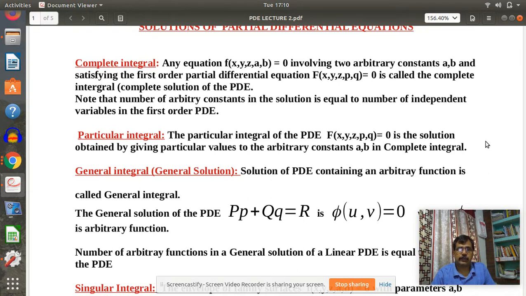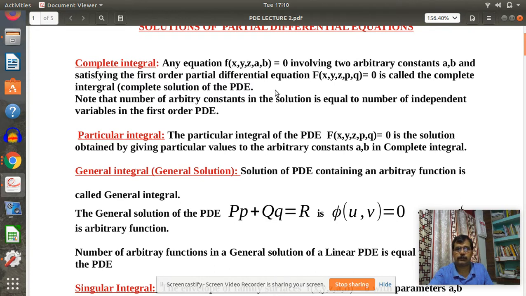So what do you mean by complete integral? Any equation f of x, y, z, a, b equal to 0 involving two arbitrary constants and satisfying the first order partial differential equation capital F of x, y, z, p, q equal to 0 is called the complete integral of the partial differential equation. It is also called the complete solution.